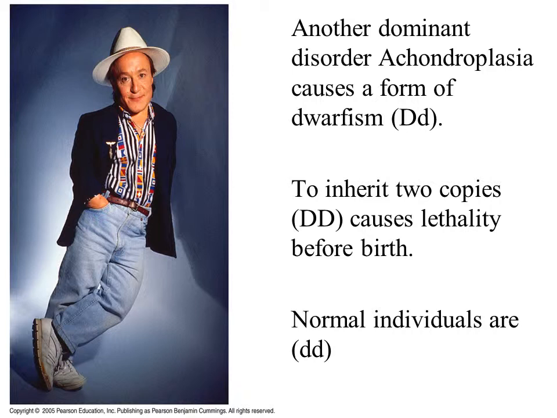So to be a dwarf, you have to have at least 1 big D. Now, if you have 2 big Ds, that is lethal, and you will not make it to birth. You would die sometime within the first, second, or third trimester. So everybody who is regular height is normal. Therefore, they will be homozygous recessive, which means they will have two little d's.